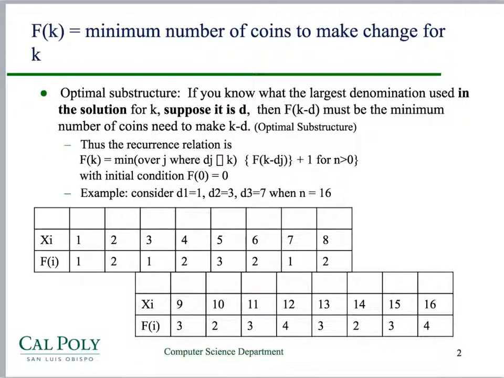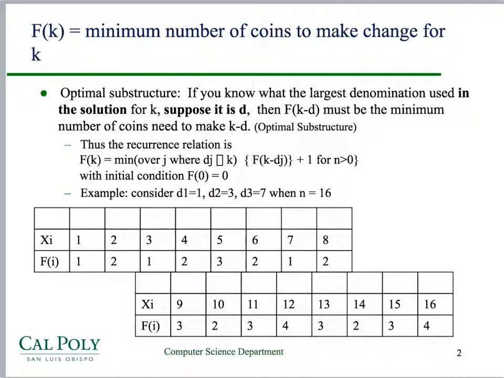So let's look at the recurrence relation here. f of k is the min over j, where dj is less than or equal to k, of f of k minus dj, plus 1.